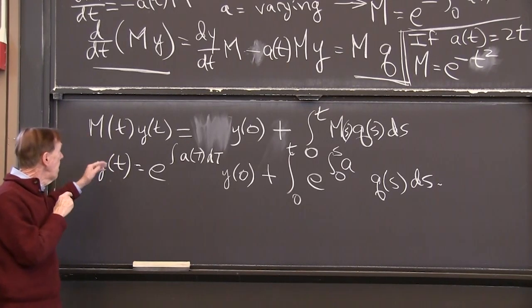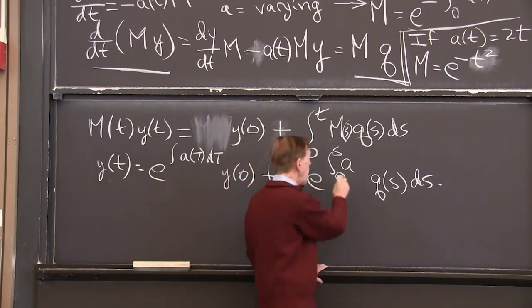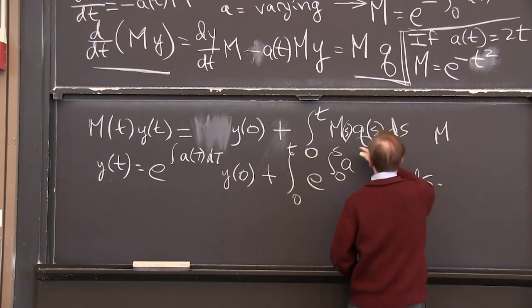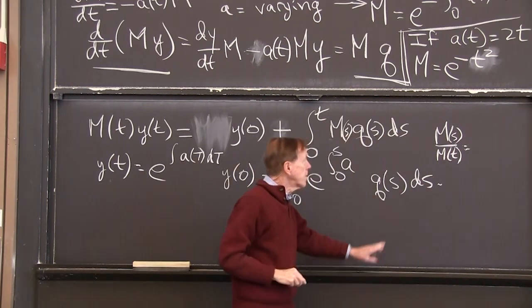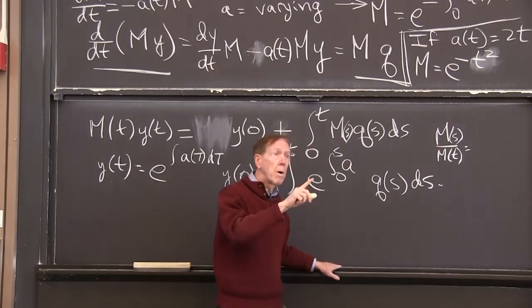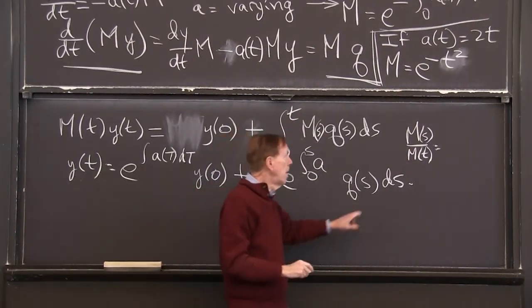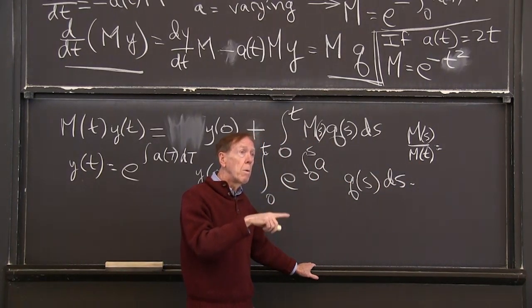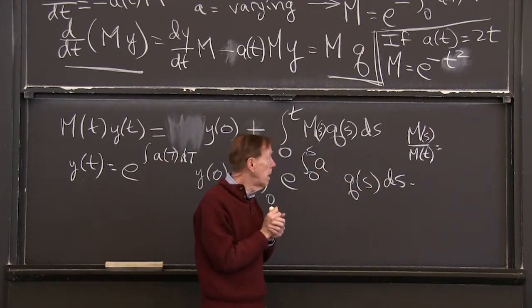I'm dividing by m, and I had an m there. Oh, wait a minute, I haven't got it right here. So I want to know what is m at time s divided by m at time t. So this was the integral from 0 to s. This is an integral from 0 to t, and both are in the exponent.